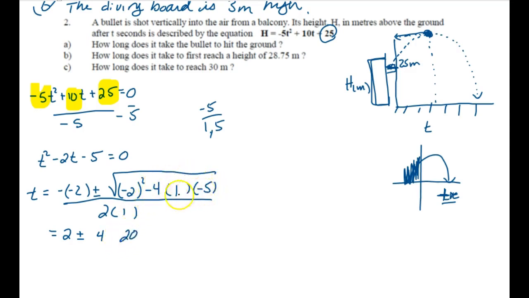And negative times a negative should give us a positive. 2 plus or minus square root 24 all over 2.